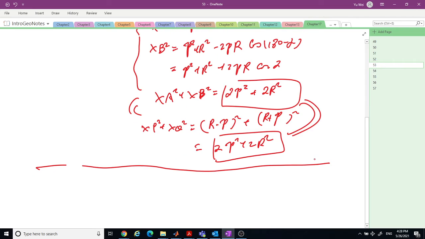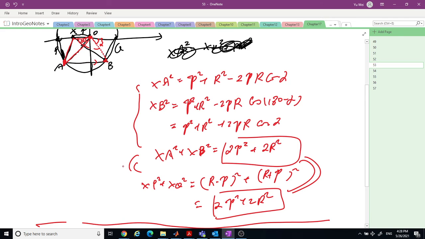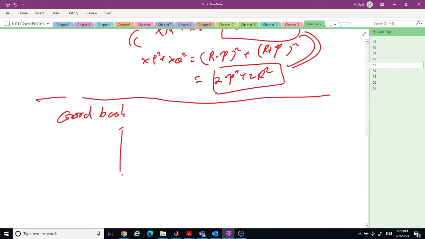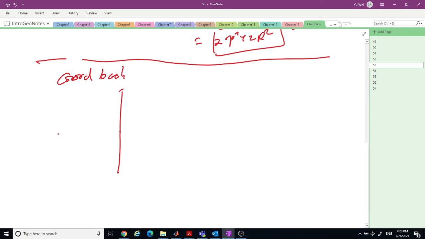Okay, there is another one, the analytic, the Coord-Bash method. Coord-Bash. Okay, so to do the Coord-Bash, let's put some coordinates here. So here is the PQ.